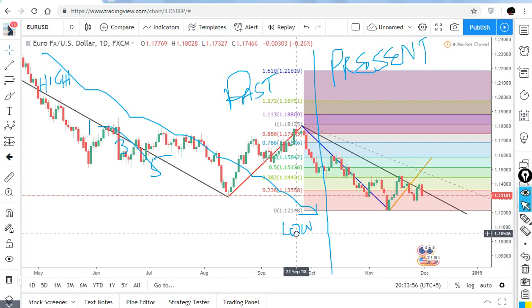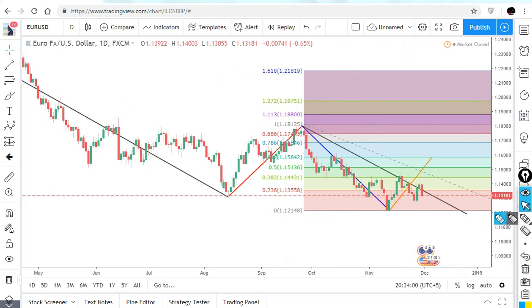Now come over here. In the present, I grip this area. I see that from this low point, the market goes up directly here. I don't care whether there is support or resistance.